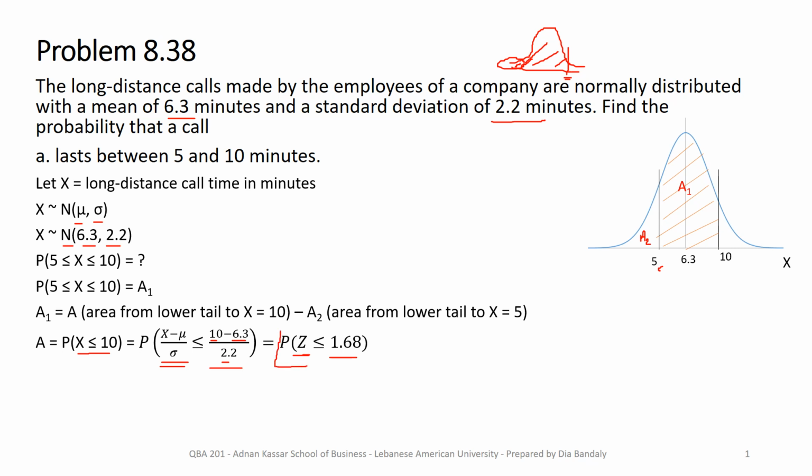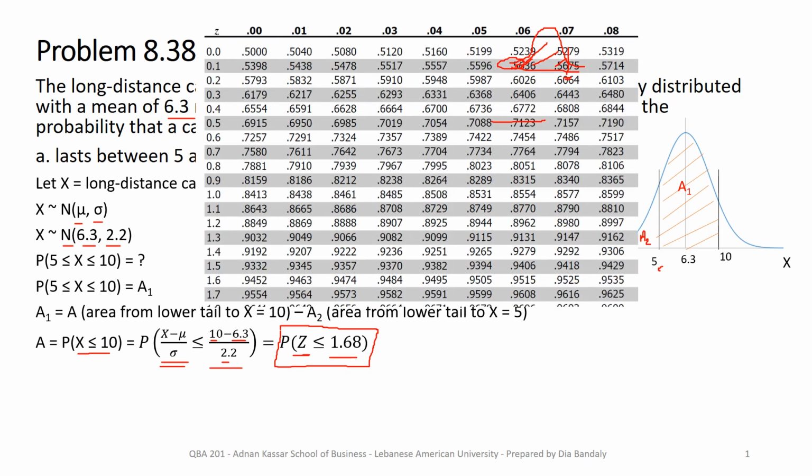Once you reach such a probability statement, we are lucky because we can read that from the z-table, because the z-table gives us for any z value the cumulative area under the curve. Here is an extract of the z-table. We look for z of 1.68. This is 1.6, and then we go to the column 0.08, so that when we add it, it becomes 1.68.